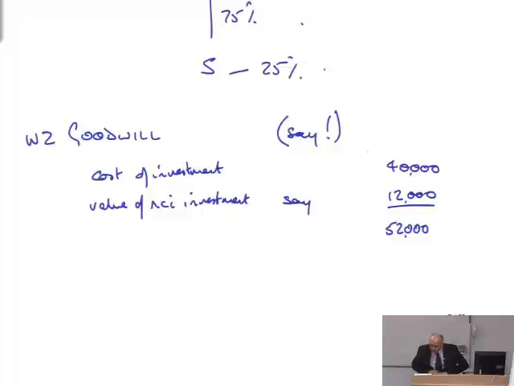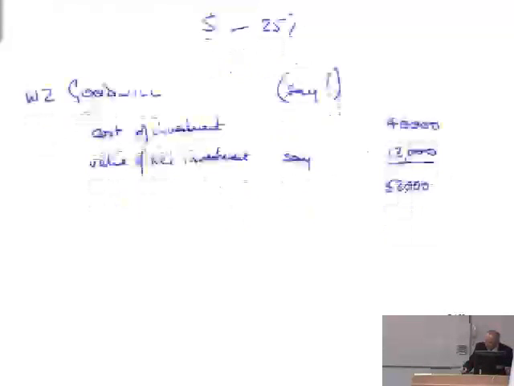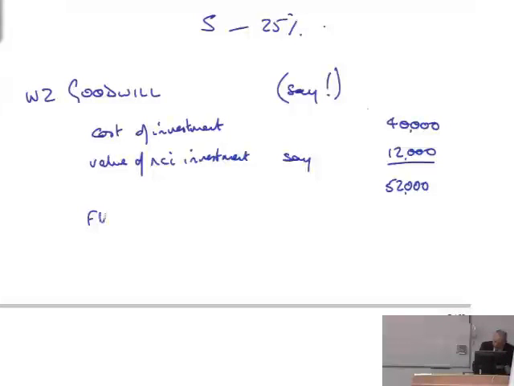I'm now going to compare that with the fair value of the net assets of the subsidiary at the date I obtained control. So fair value of the S net assets at date of acquisition.